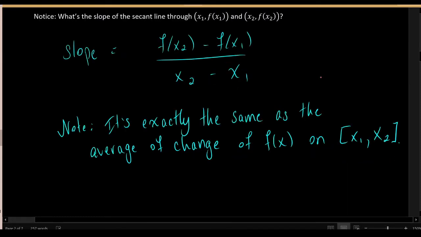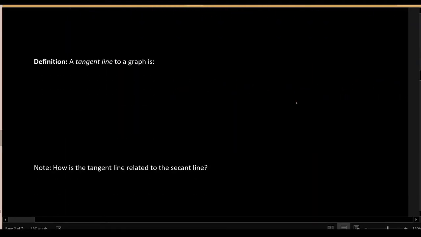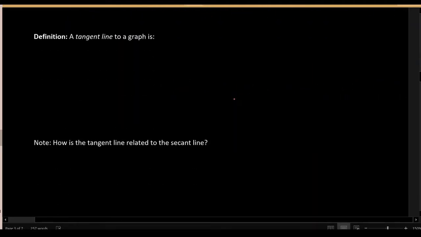Store that in memory just for a second, and let's consider what's called a tangent line to a graph.